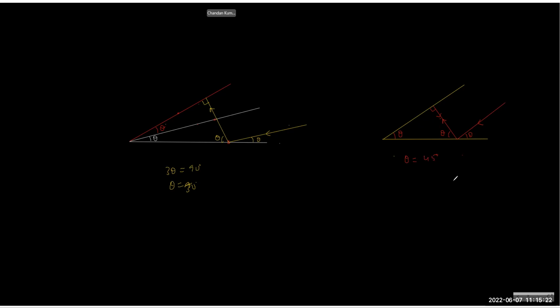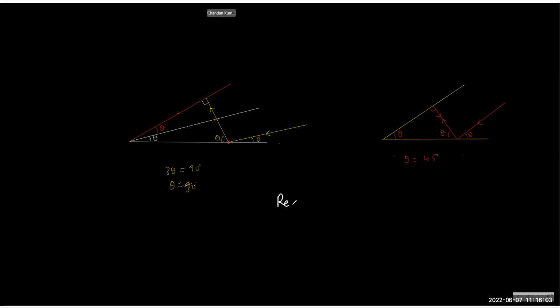You can clearly see the theta is how much? 45 degrees, correct? So after second reflection 45, after third reflection 30. So after nth reflection, or let's make it fourth reflection. Now I want that after fourth reflection it should trace back. After fourth reflection, what does it mean? 90 by 4, which is like 22.5, correct?